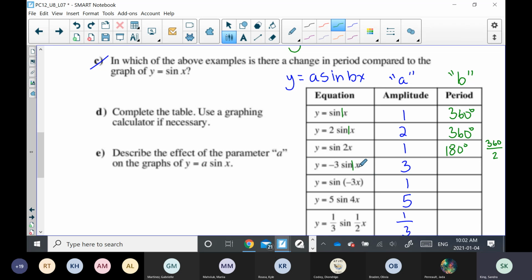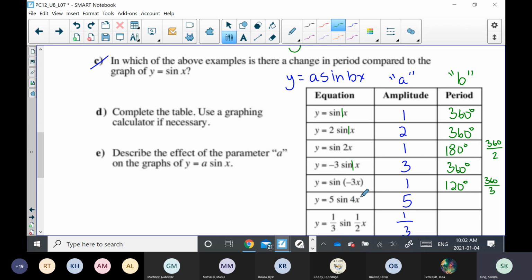The period of this graph, if it's 1, 360 degrees divided by 1 is 360 degrees. This guy is -3, but remember, it's 360 degrees divided by the absolute value of B, which is just 3. 360 divided by 3, the period for this graph, it's going to repeat every 120 degrees.